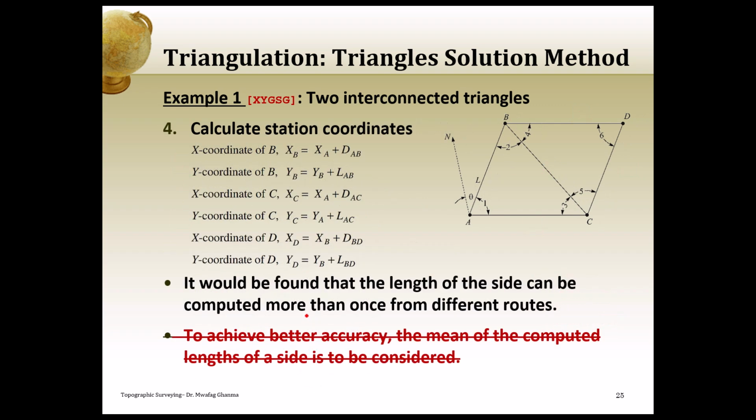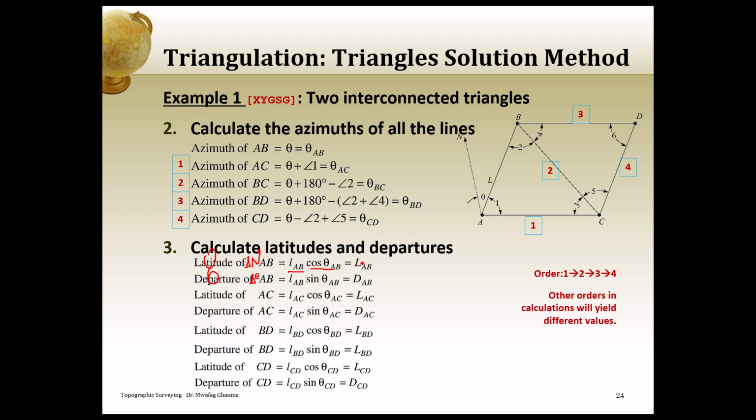After that, we have to calculate the coordinates, and as we said, it is important that we take a certain route, and the coordinates XB equals XA plus delta AB. Actually here, L means the latitude and D is the departure.